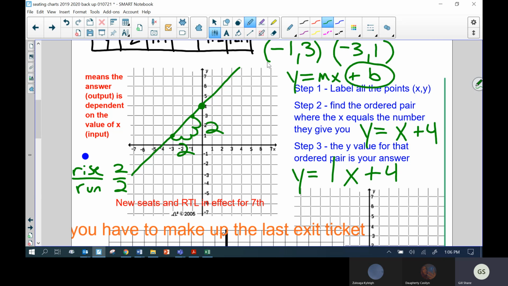So you need to know how to create a line from an equation and how to create an equation from a line, or just even from 2 points. There's a much longer, more difficult way to create it from 2 points that we never even did, just because in my past experience, it's very challenging to get the final part of the equation.